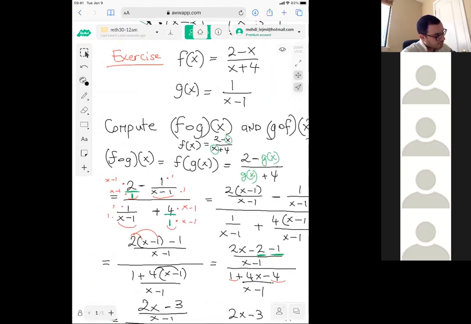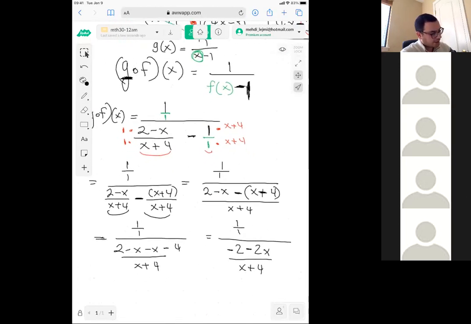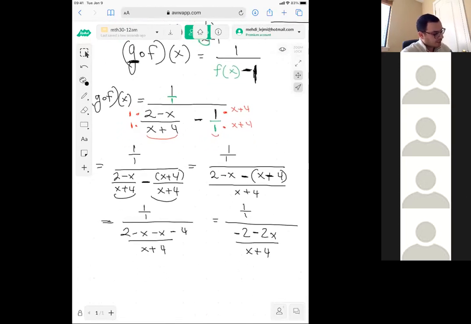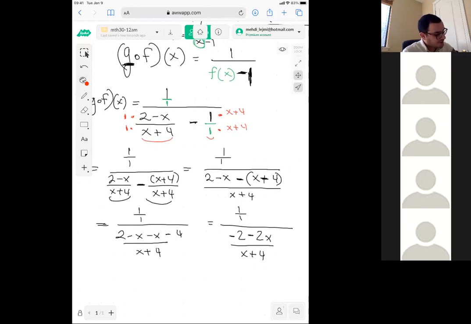My f is 2 minus x over x plus 4. 2 minus 4 is not plus 6. The parentheses are really important. You see these parentheses here. Yeah, that's important.